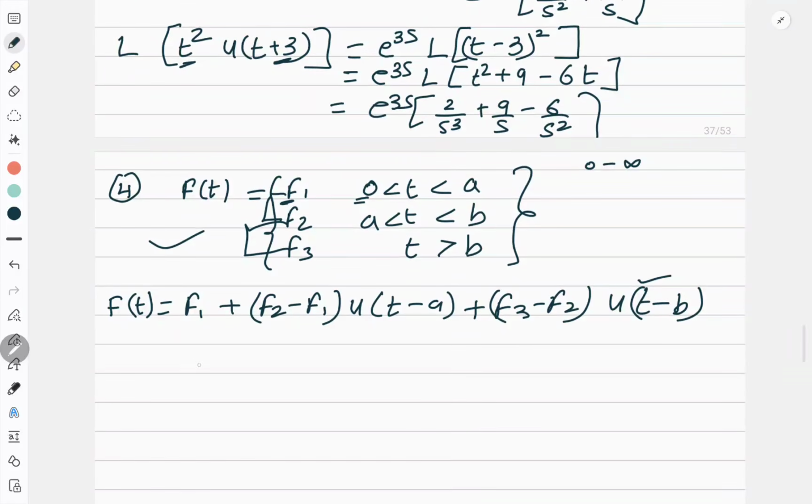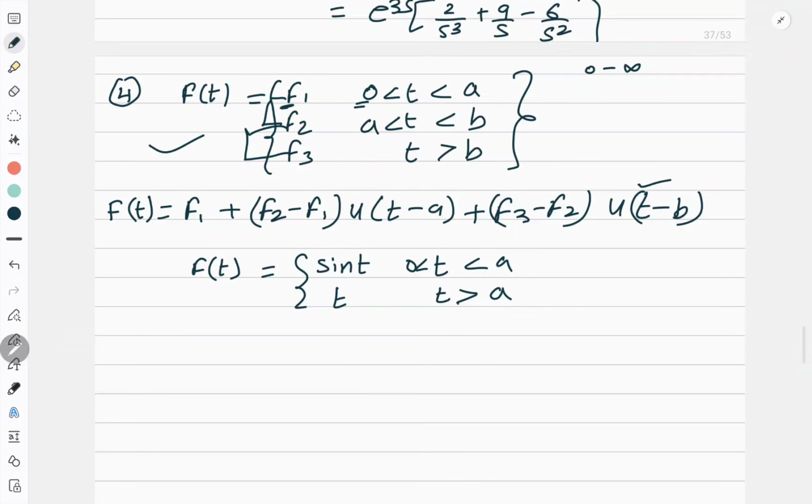Let me give you one more example. If you have f(t) is equal to say sin t and t, when t is between 0 to a and t is greater than a. So how you will write? Now in this case, instead of f1, f2, f3, I have f1 and f2. So same concept I will write. If f(t) is equal to f1 and f2, t is between 0 to a, t is greater than a.